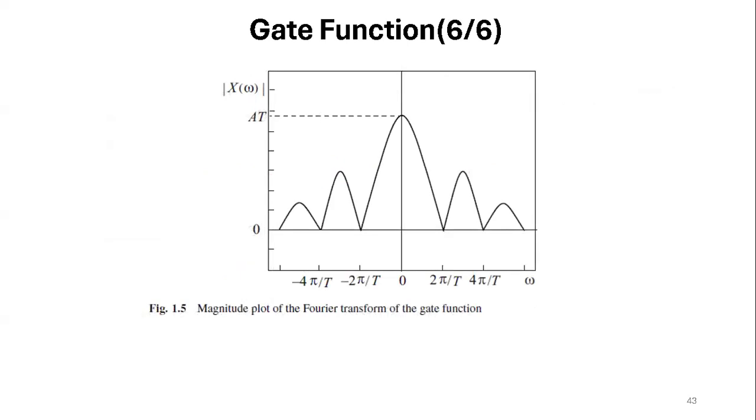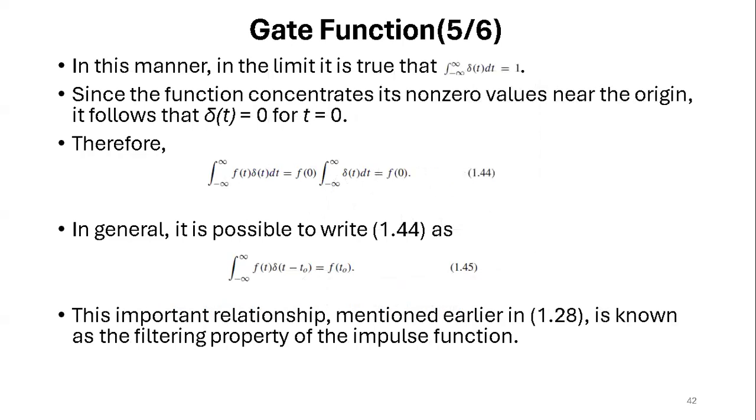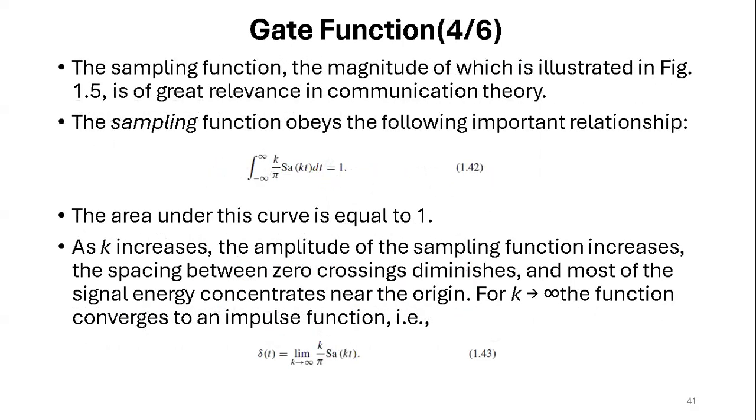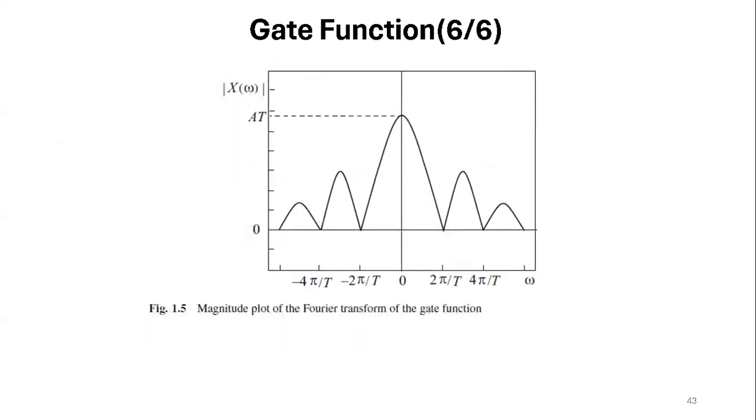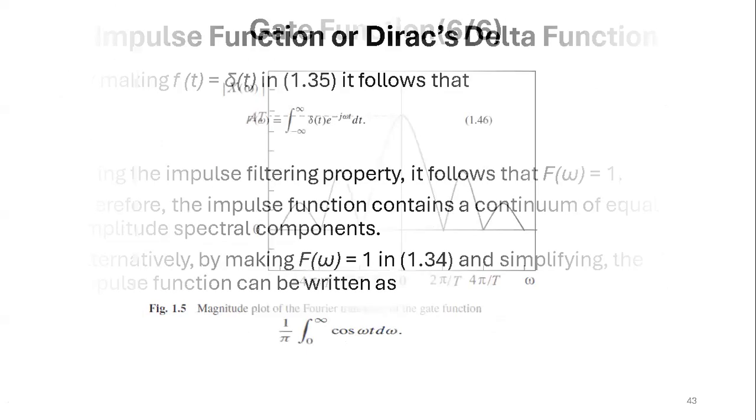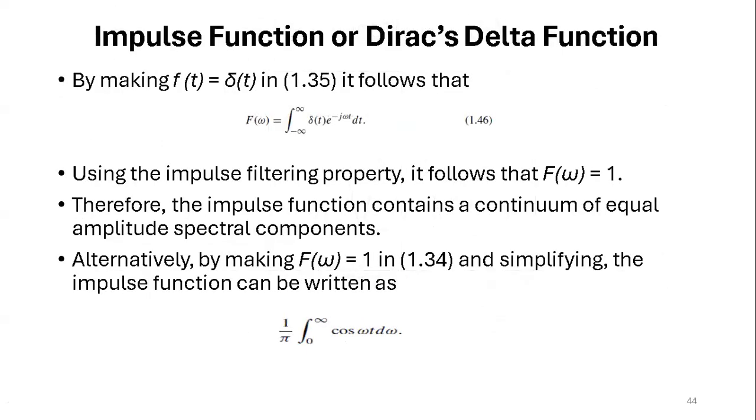This is the figure of the magnitude of the Fourier transform of the gate function. The impulse function or Dirichlet's delta function.